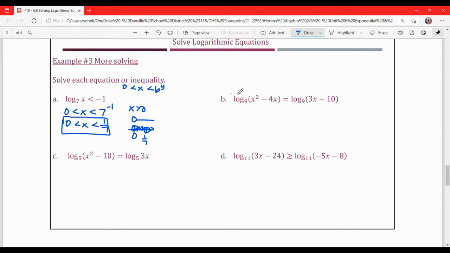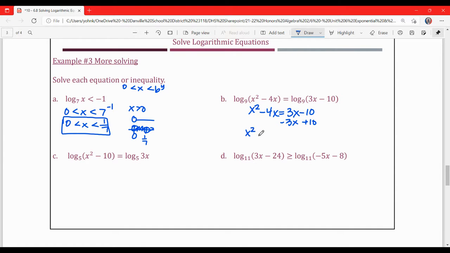Okay, if we look at letter B, log base 9 of x squared minus 4x equals log base 9 of 3x minus 10. Well, I have logs on both sides and an equal sign, so I just grab the stuff in parentheses. X squared minus 4x equals 3x minus 10. I see a quadratic, so I need everything on one side. So I'm going to minus 3x and add 10.